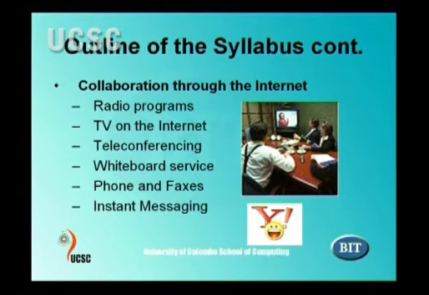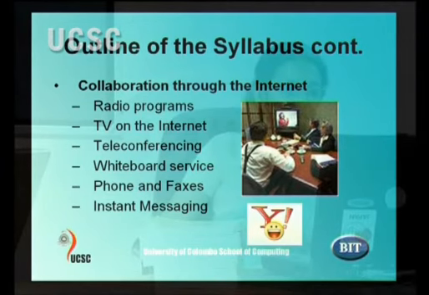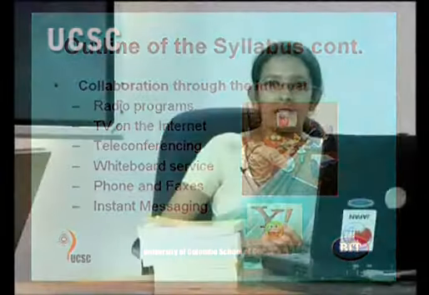So you can chat with the person almost instantly. And the internet phone, you know that you can call your loved ones, you can talk for hours at a very cheap cost using the internet phone. So those are the collaborative services provided through the internet.